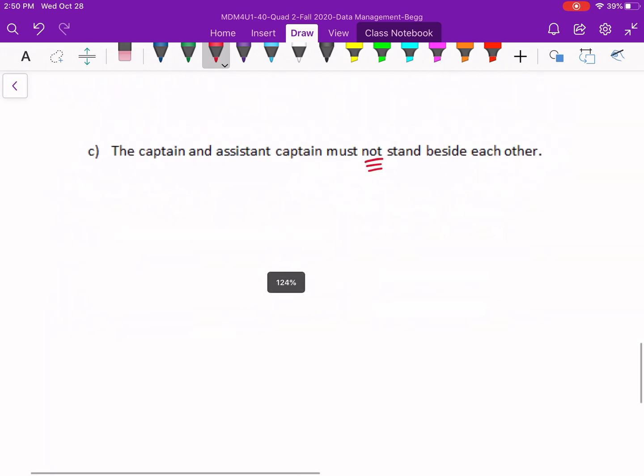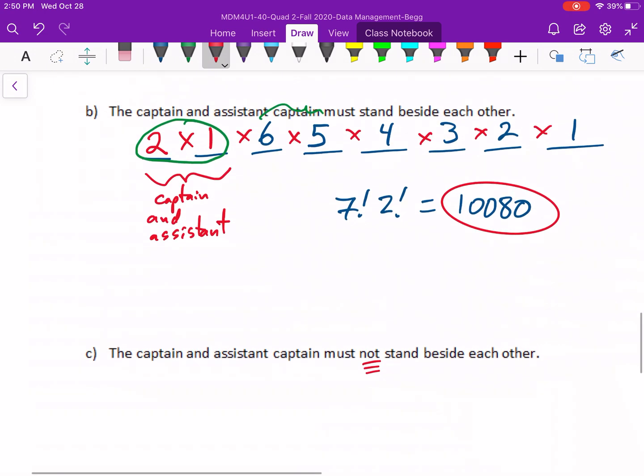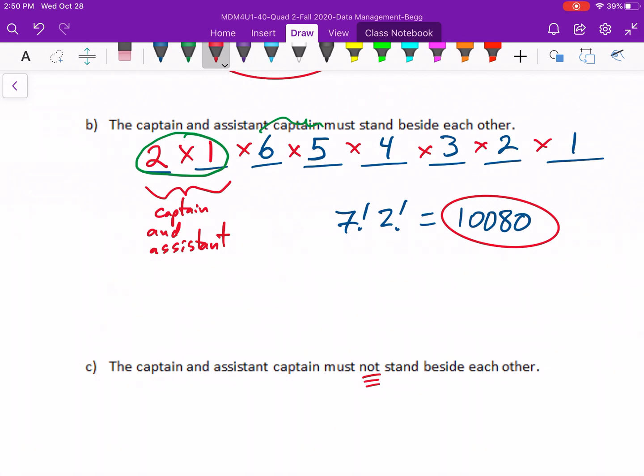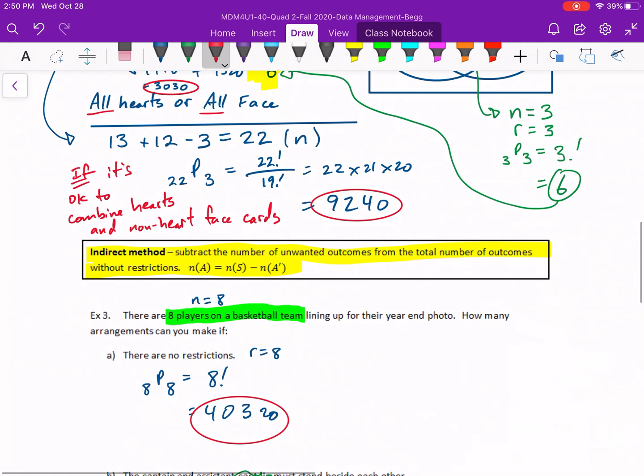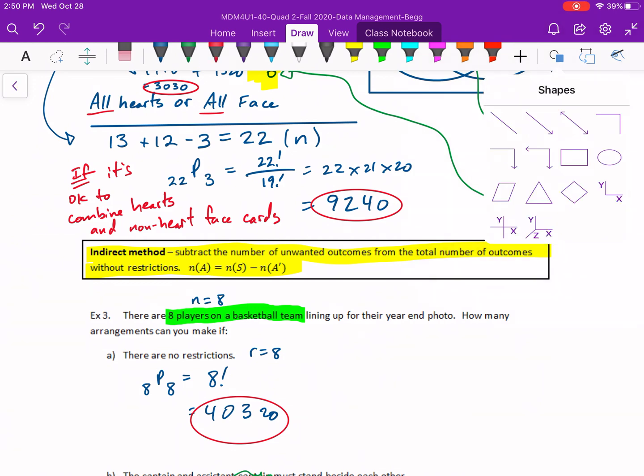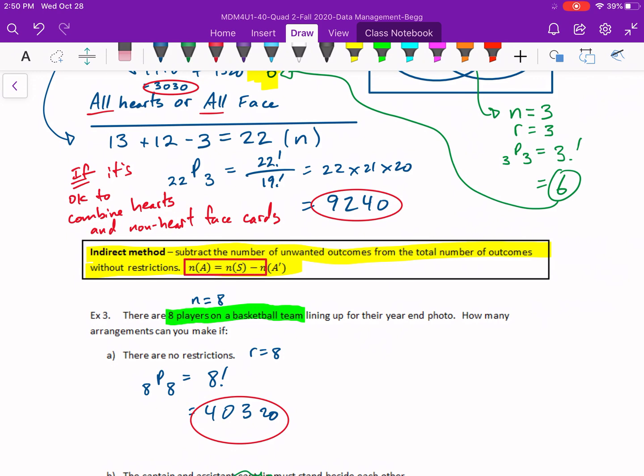Or I could just take the answer I already have of the number of ways where they are beside each other and subtract it from the total number of ways of arranging 8 people. So I guess I never really talked about the formula here, so let me just come back to it for a second. This is the actual formula. That's a simple enough formula.